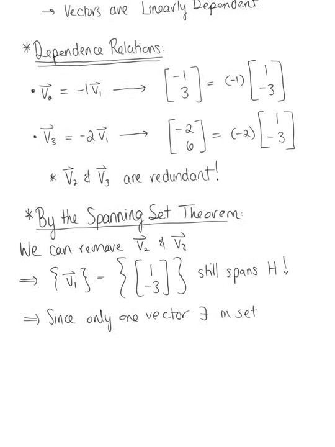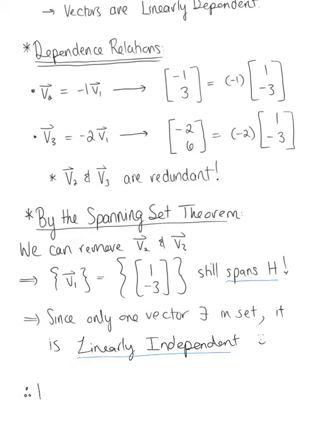Need a little more room here. Since only one vector exists in the set, it is linearly independent. So we have confirmed the two definitions of our basis: this set spans the subspace and it's linearly independent. So we can make our final conclusions.